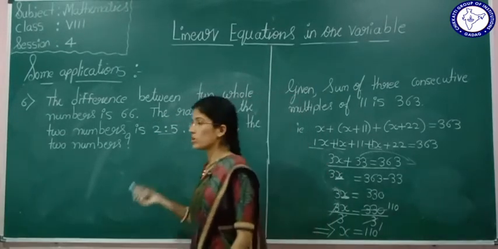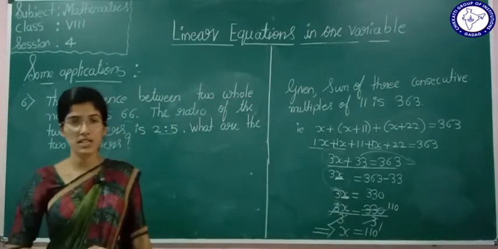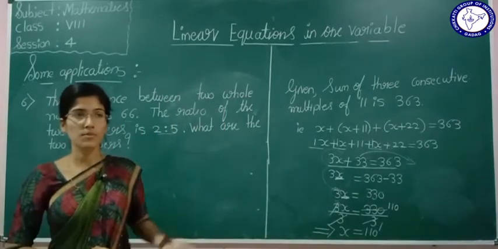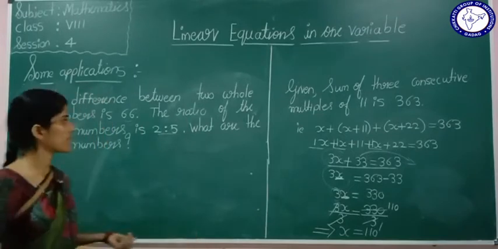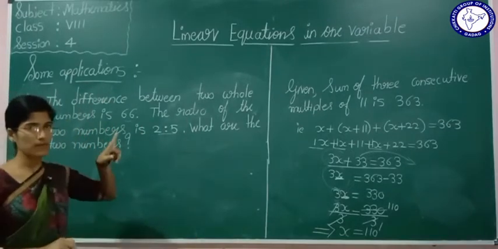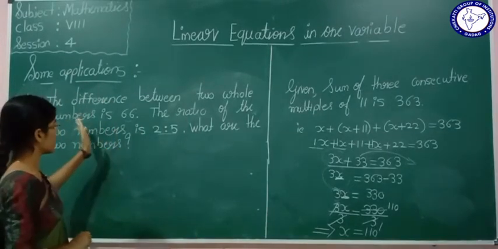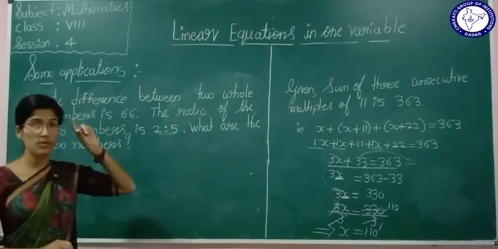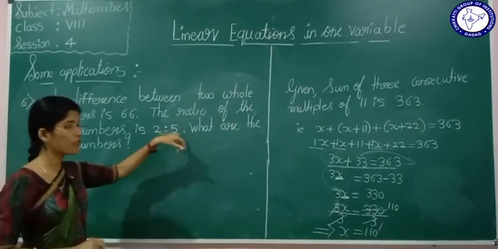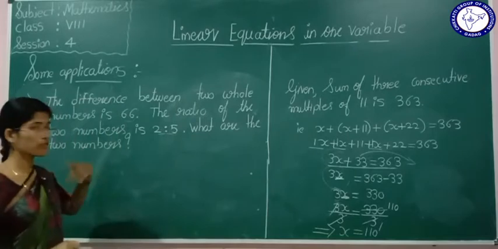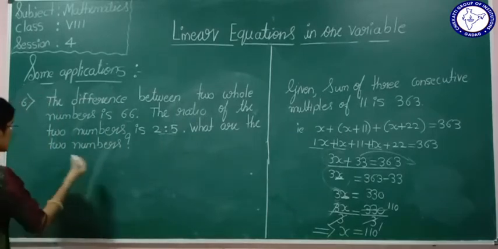What are the two numbers? We have to find out which numbers those are. If you subtract the two numbers, we get the answer 66. Again, the ratio of the two whole numbers is 2:5. We have to find out which numbers those are. See a solution.